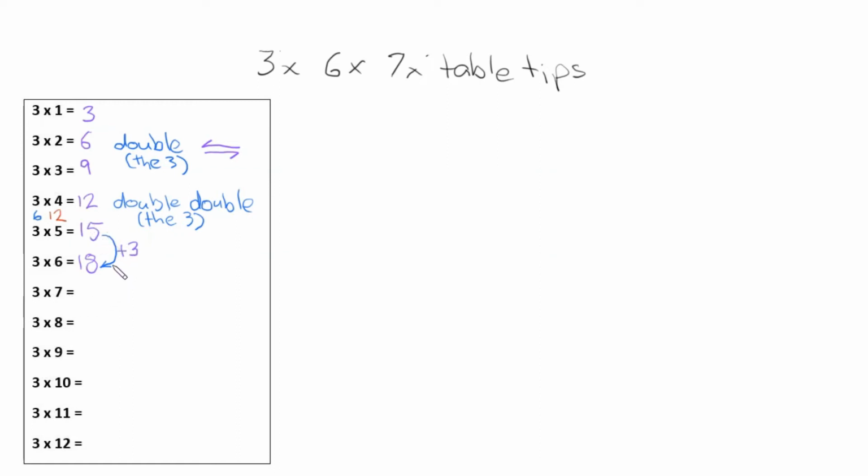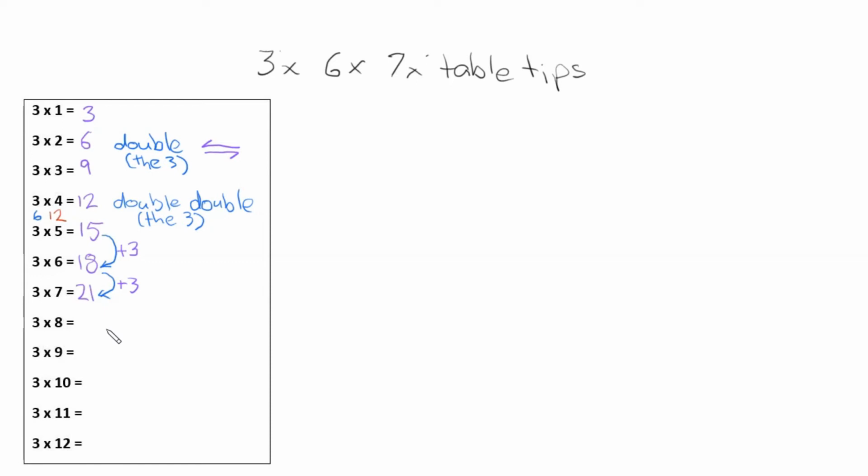Would mean I add another 3, I get 18, which we did in the last step. And then I could just simply add another group of 3 to 18 to get the 7th group of 3, because that was 6 groups of 3. So 18 plus 3 is 21.